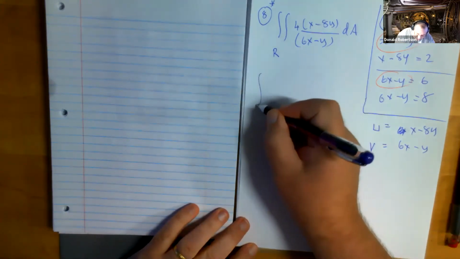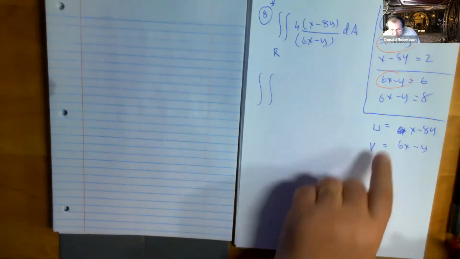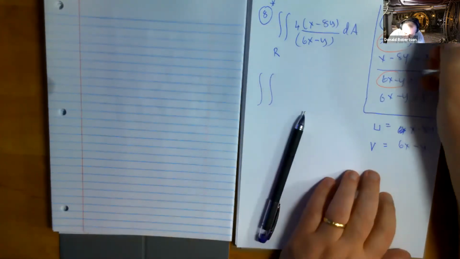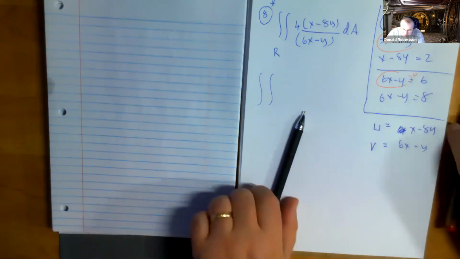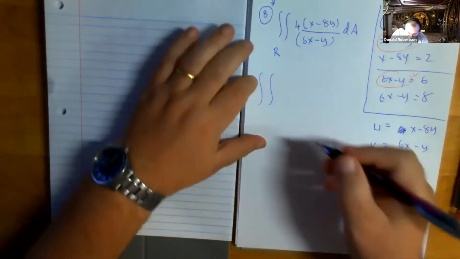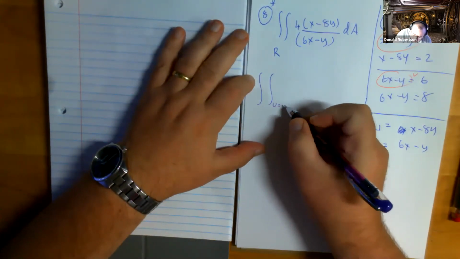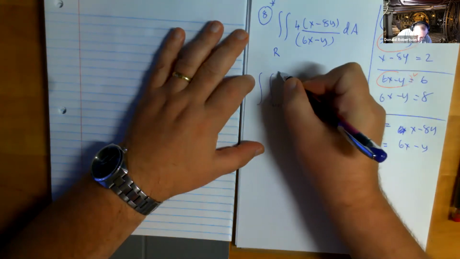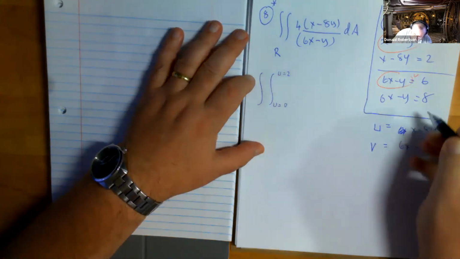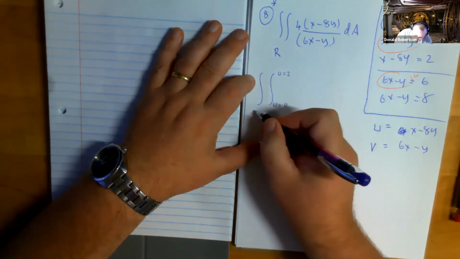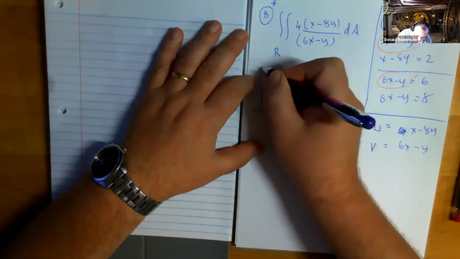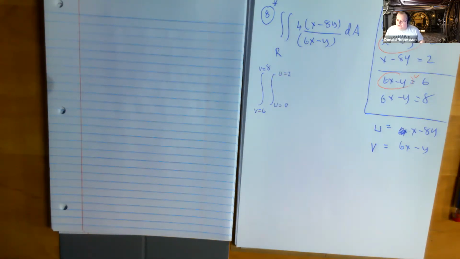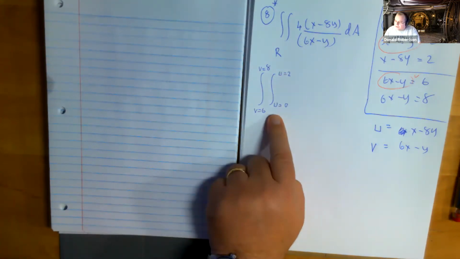The region R, if I call this u and this v, the limits of integration will be u equals 0 to u equals 2, and v equals 6 to v equals 8. I could do it by algebra. I don't actually physically draw the thing. I can just use this.